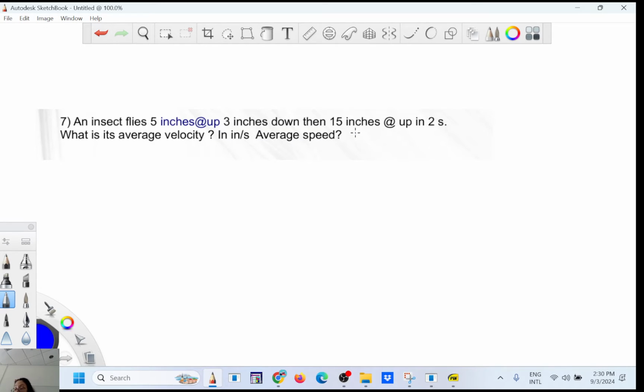So that's going to be 17. Do you all agree with that? Yeah. So the displacement is going to be 17 inches up, or plus up.